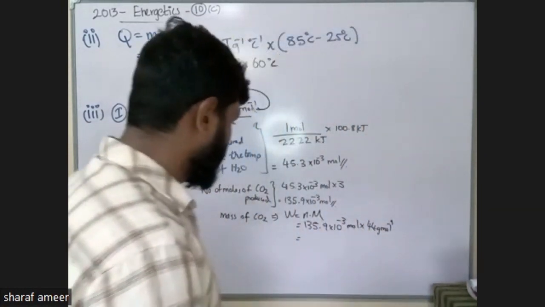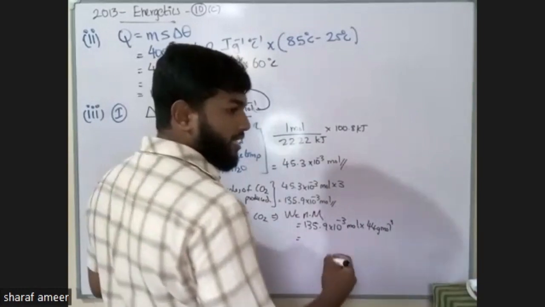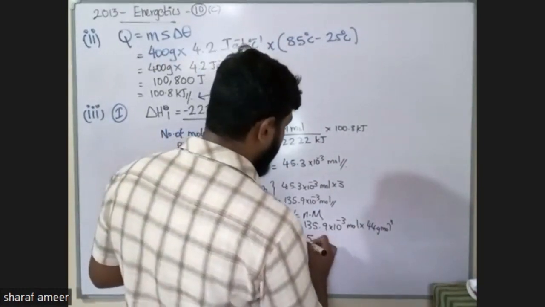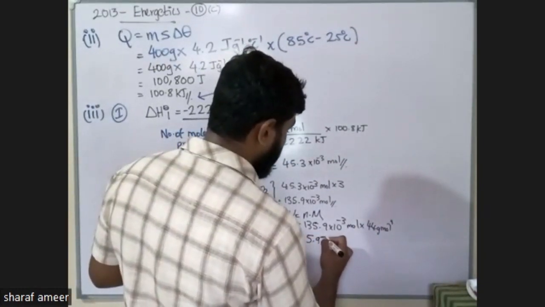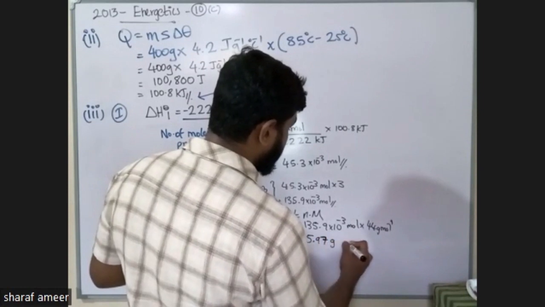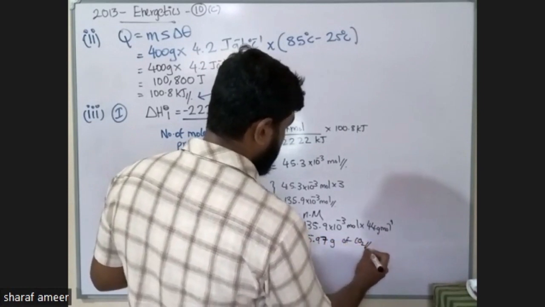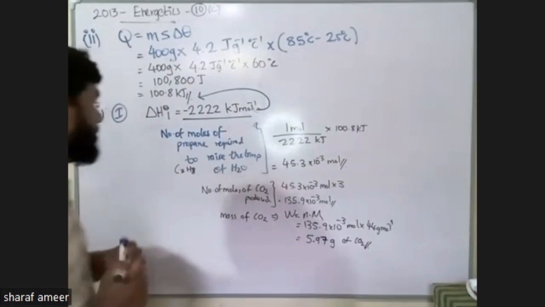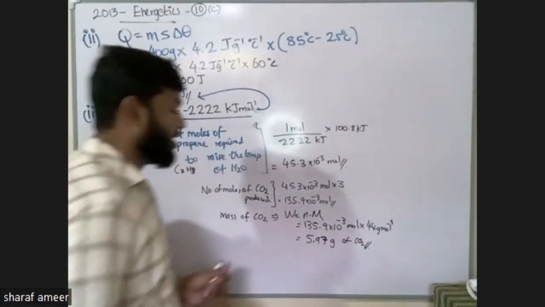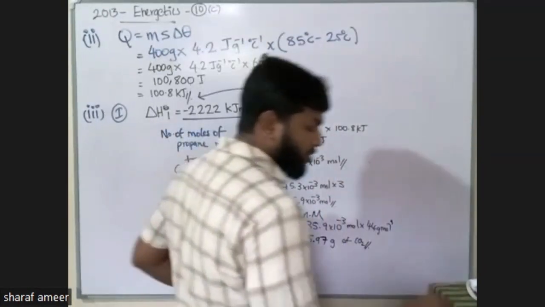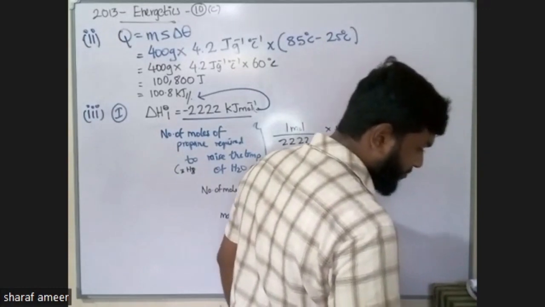So nearly 5.97 grams of CO2 is released during the combustion of propane. Understood? The same way goes to the second question, butane as fuel.